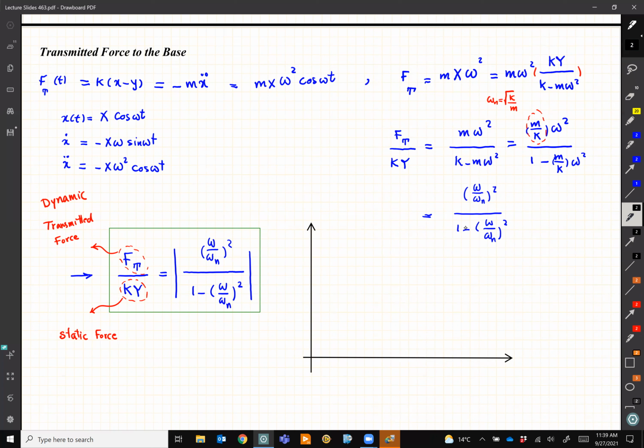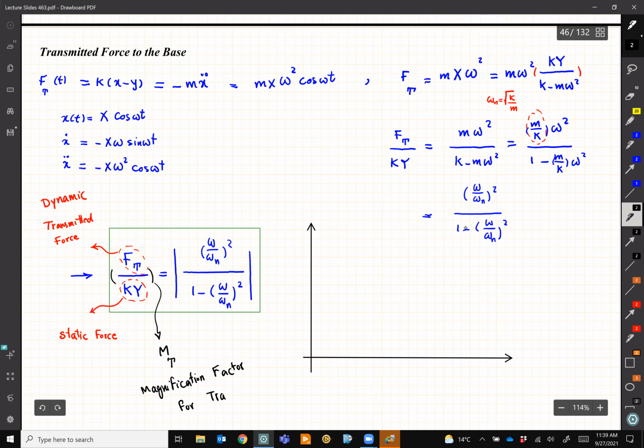So the whole thing, we call it the MT, magnification factor for transmitting force. So MT, so we don't get confused by the other M.